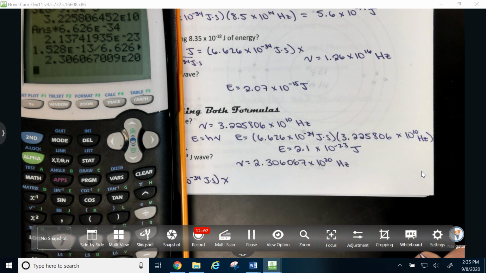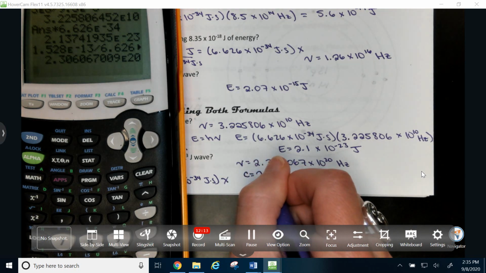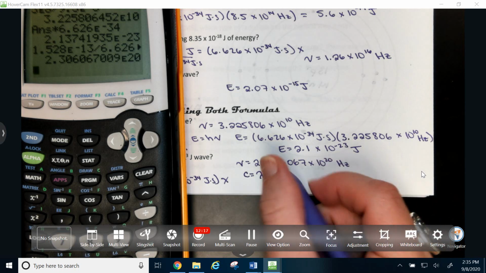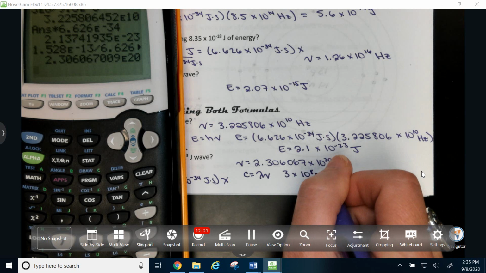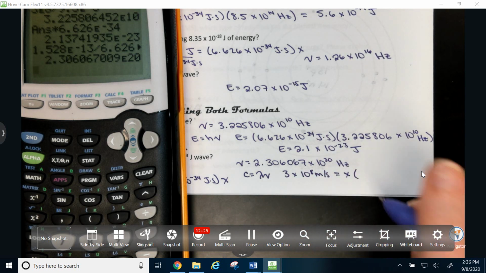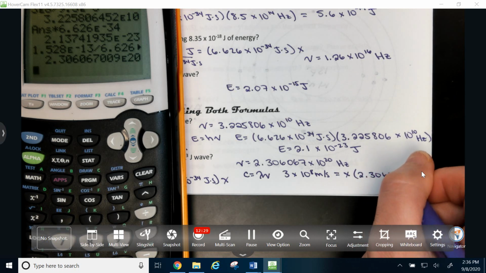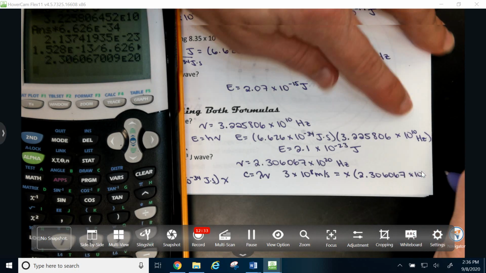Once I get frequency, I can go ahead and use the speed of light formula, which is C equals wavelength times frequency. My speed of light is 3 times 10 to the 8th meters per second. I'm solving for my wavelength. My frequency is 2.306067 times 10 to the 20.